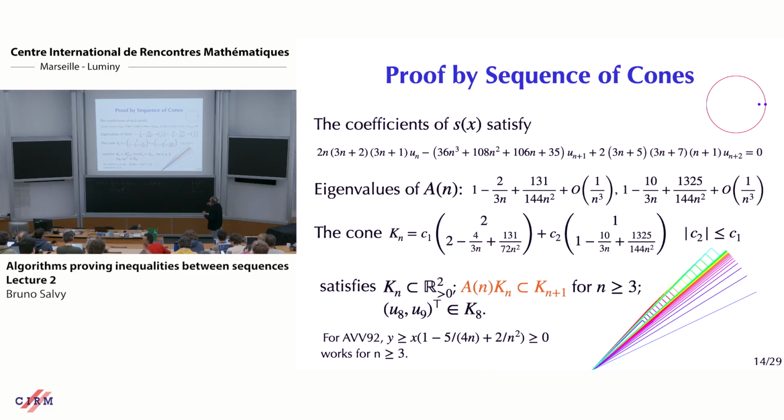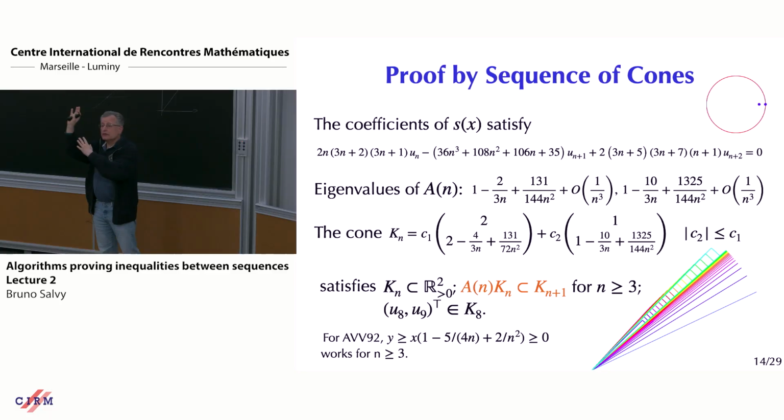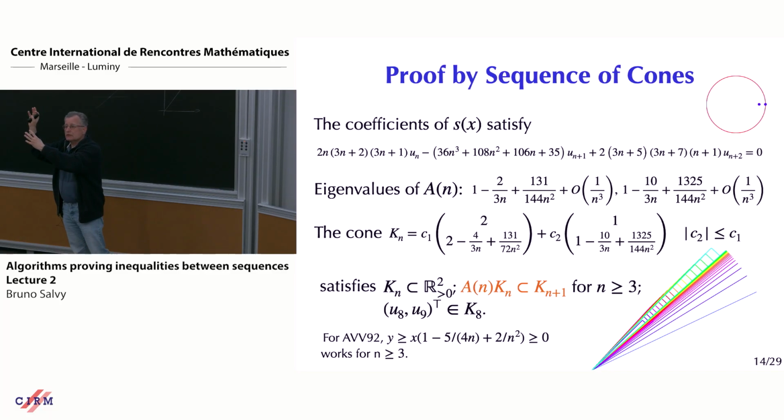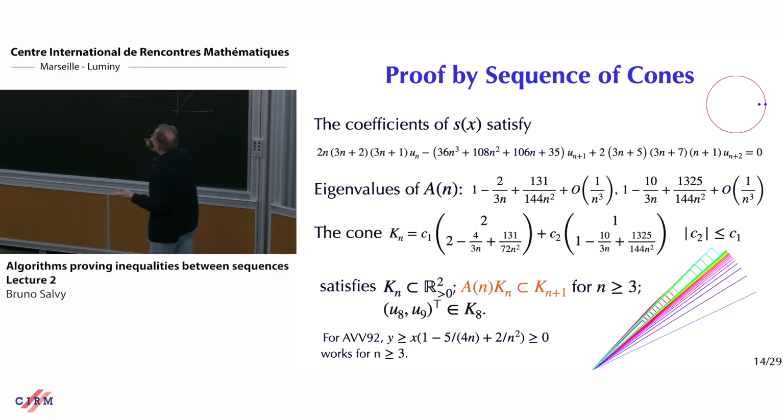So this is the cone for n equals 3, I think, and I increase the radius so that we can see how they behave. At the beginning, they get larger on the left side, but you see the right side comes inside. So they are never included one in the other, but the image of one is included in the next one for n sufficiently large.